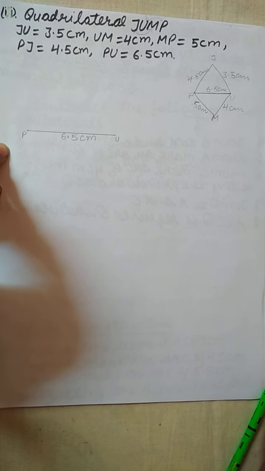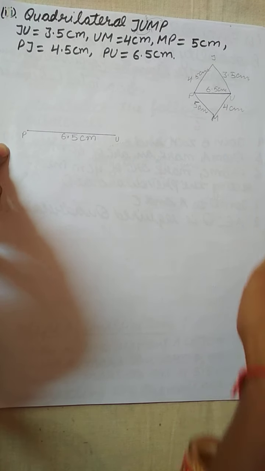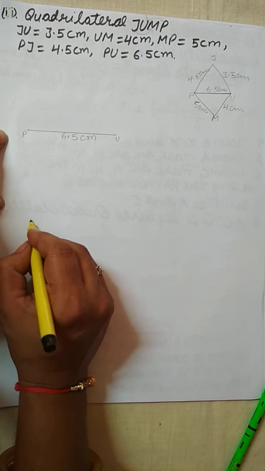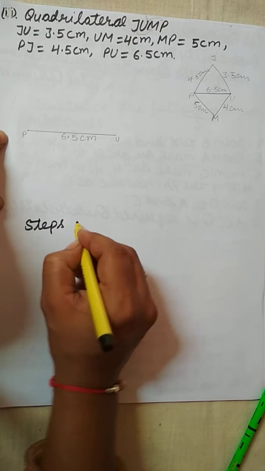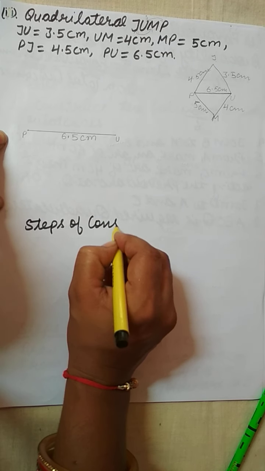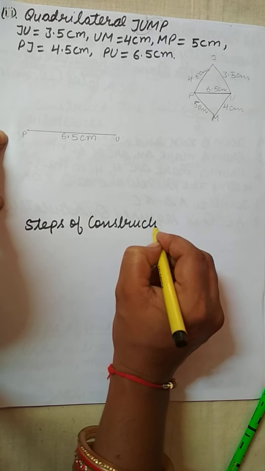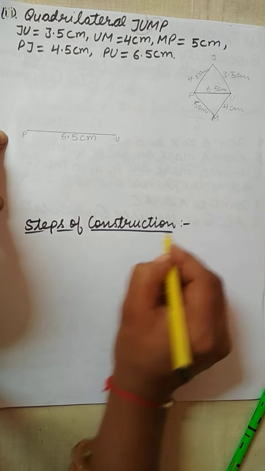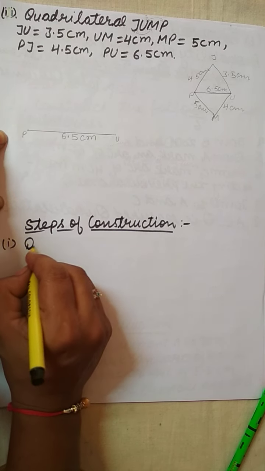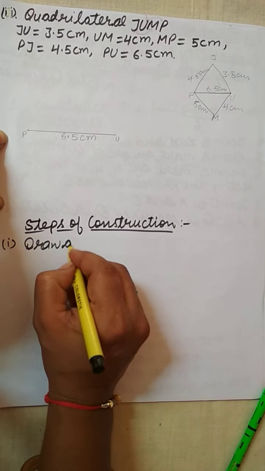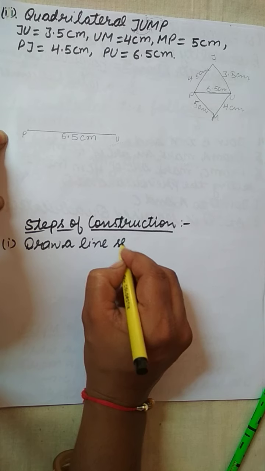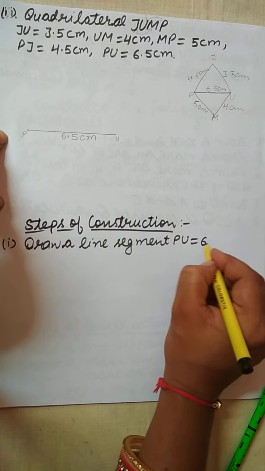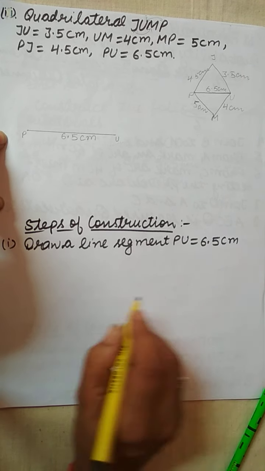Children, side by side we will write down the steps of construction. First step is draw a line segment PU equal to 6.5 centimeter.